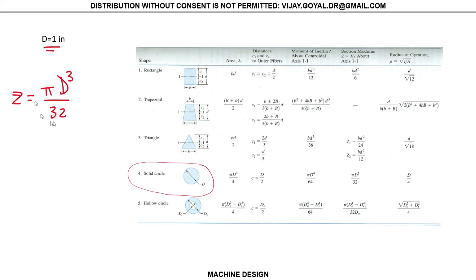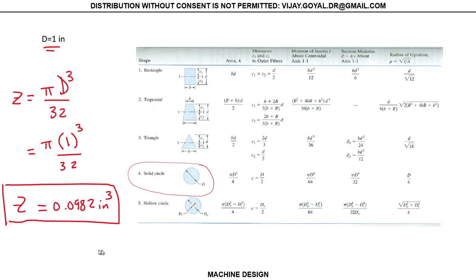This is a very good number to memorize, especially for shaft analysis. It's always the same number, and it becomes very handy and very useful. So if we plug in the numbers here, 1 inch cubed divided by 32, you will see that you get a value of 0.0982 inches cubed. This is the value of Z.